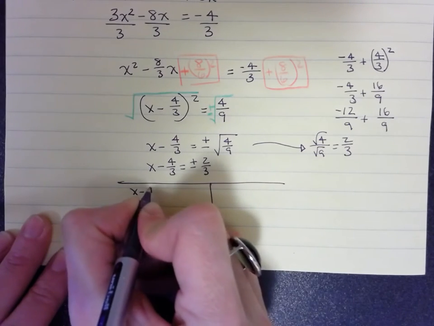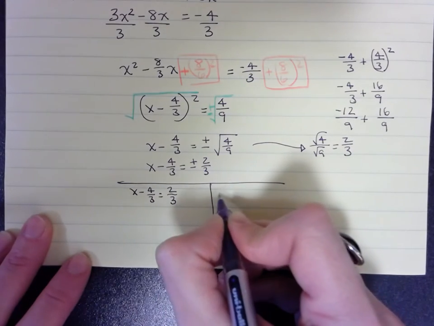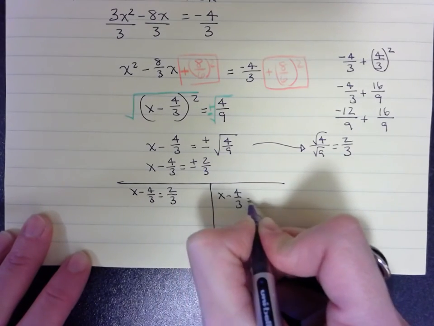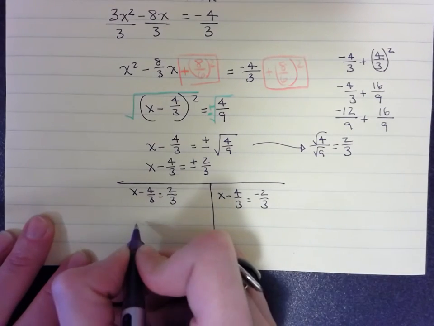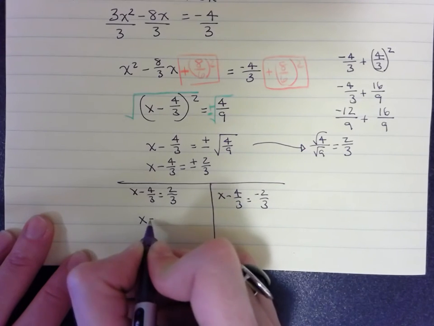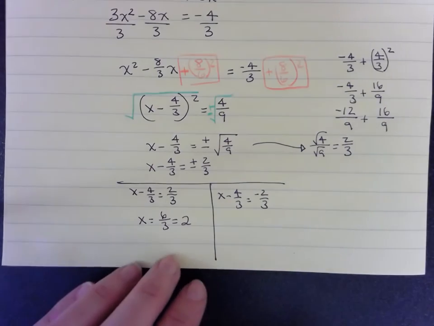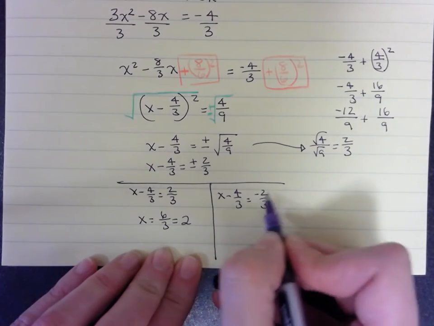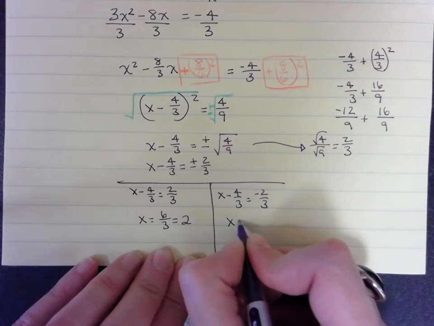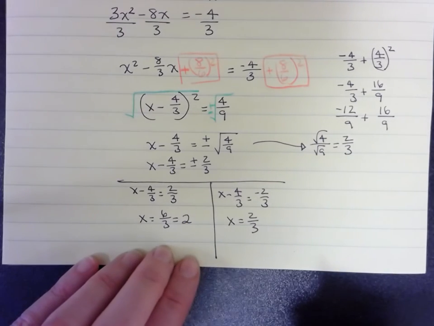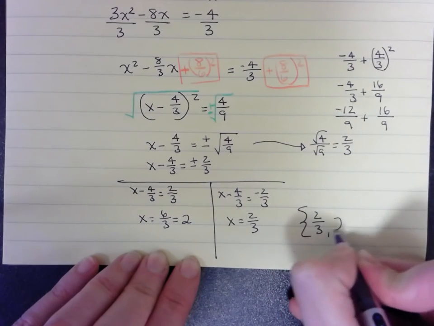So I have x minus 4/3 equals the positive 2/3, and x minus 4/3 equals the negative 2/3. So if I add 4/3 to both sides of this equation, I get x equals 6/3, which is 2. And if I add 4/3 to both sides of this equation, I get x equals 2/3. So I finally have two real solutions. 2/3 and 2.